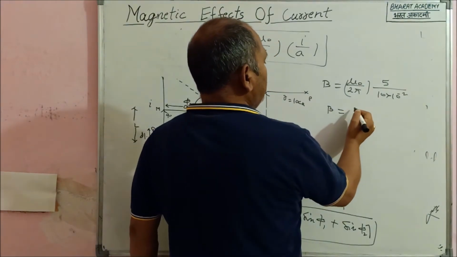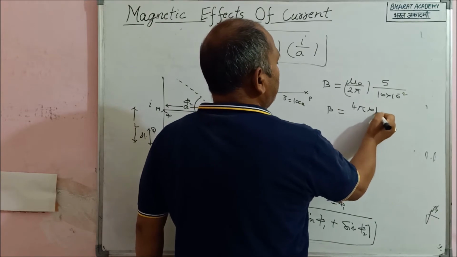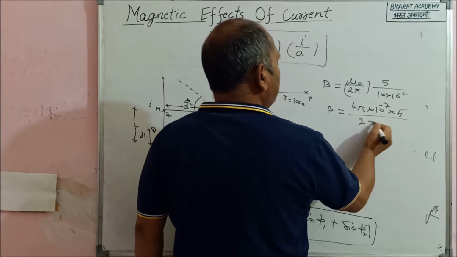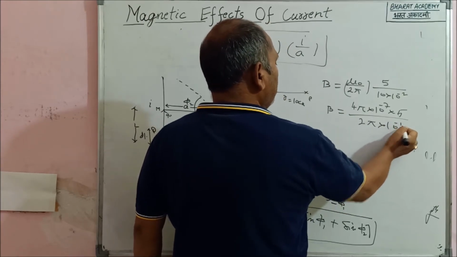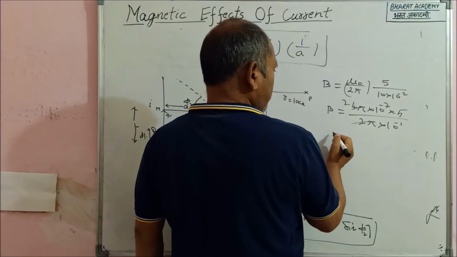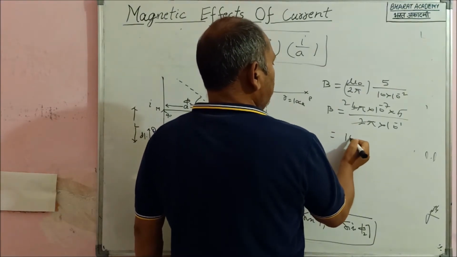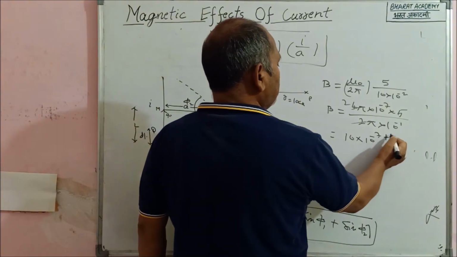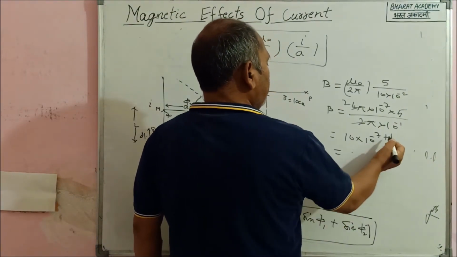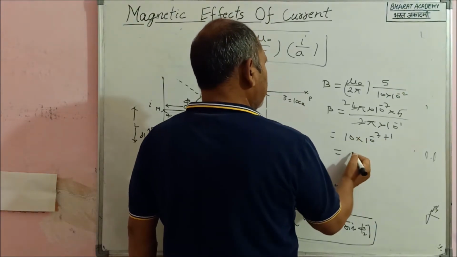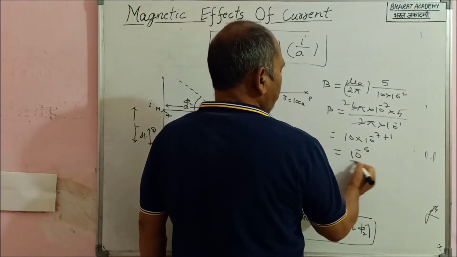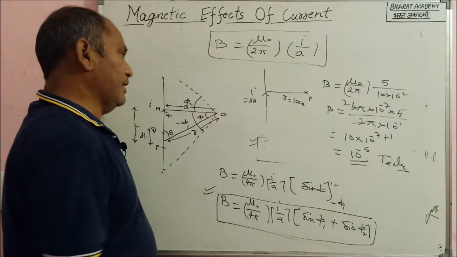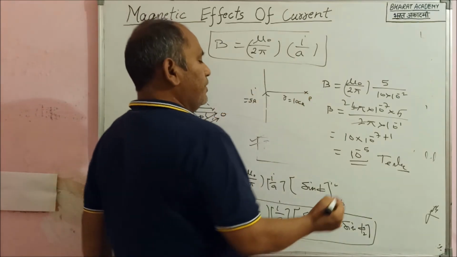So B comes out to be 4 pi into 10 to the power minus 7 into 5 by 2 pi into 10 to the power minus 1. 2 into 5 is 10, into 10 to the power minus 7 plus 1, what we will get? 10 to the power minus 6, so 5 into 10 to the power minus 5 Tesla. Very simply we can use it. So far as direction is concerned, it will be perpendicularly inward.